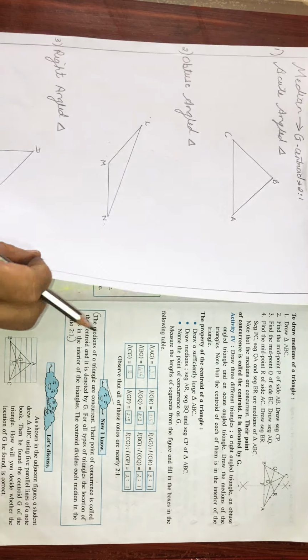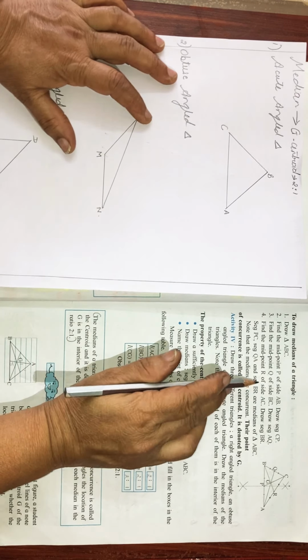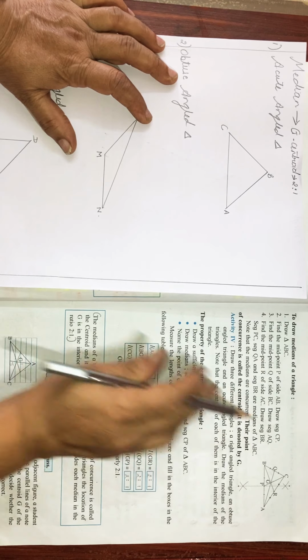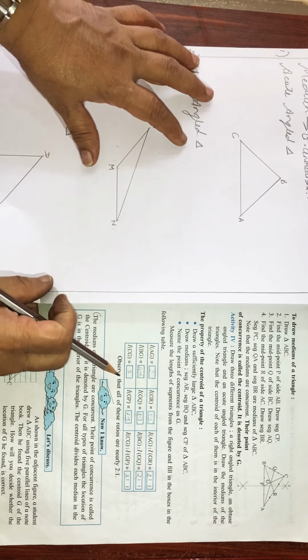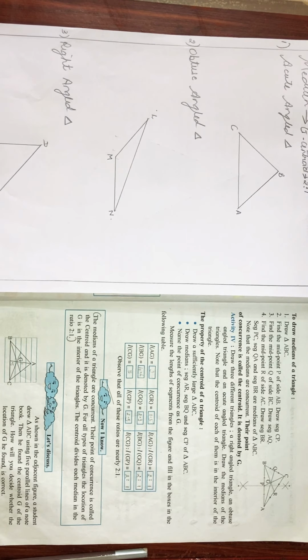Now let us see how to draw the medians of a triangle. Draw a triangle ABC. Find the midpoint P of side AB. To find the midpoint, you have to draw the perpendicular bisectors. You'll know it.